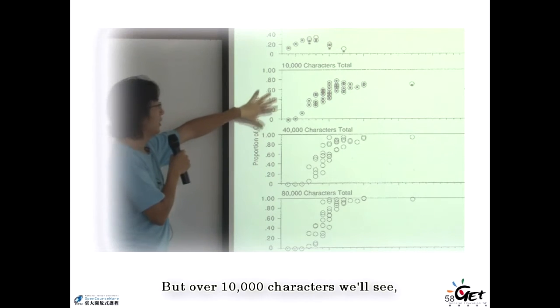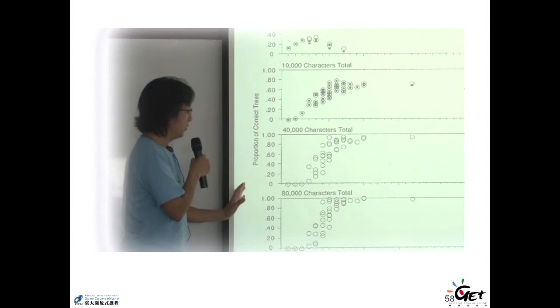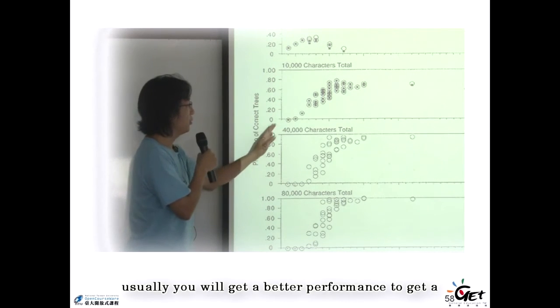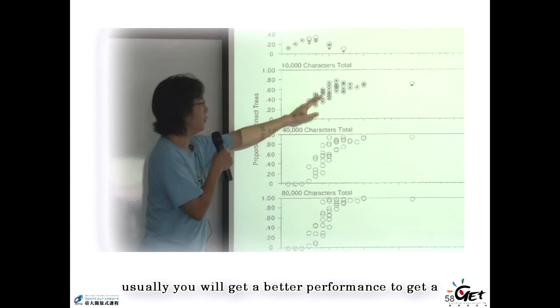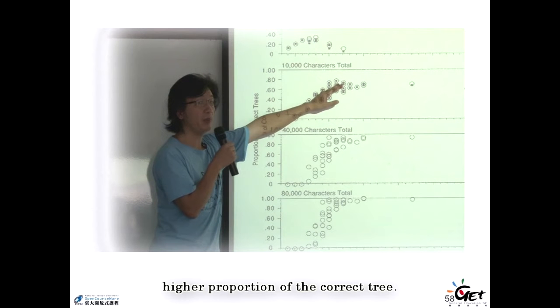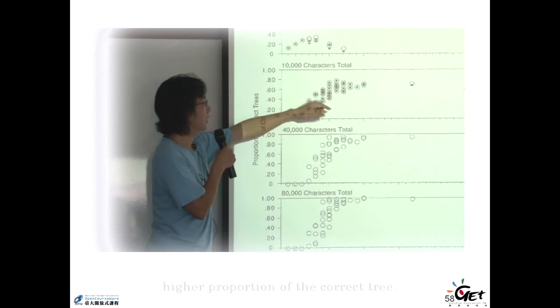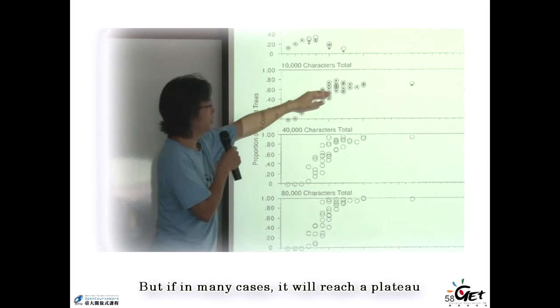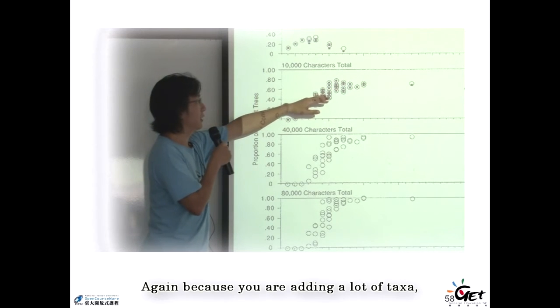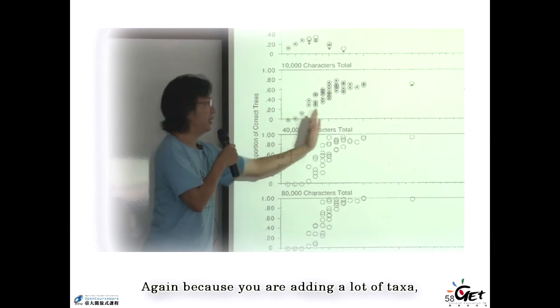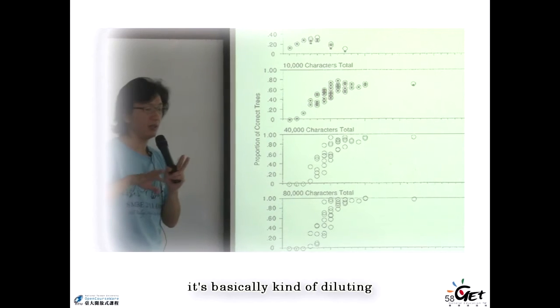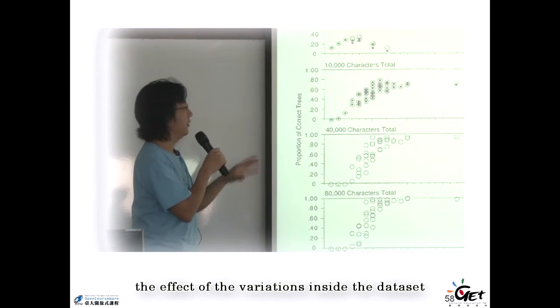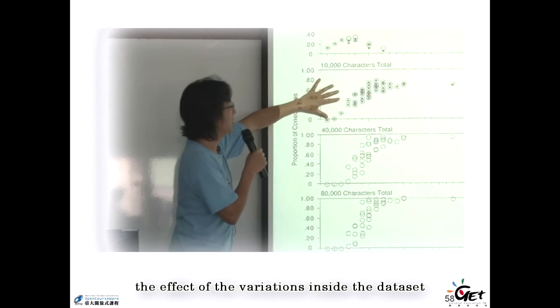But over 10,000 characters, we see that when we add more taxa, usually you will get better performance, a higher proportion of correct trees. But in many cases, it will reach a plateau. Because you are adding a lot of taxa, it basically dilutes the effect of the variations inside your data sets.